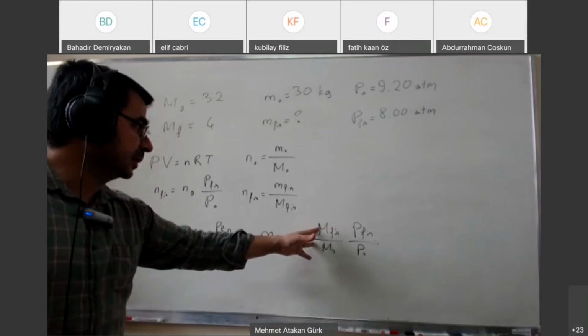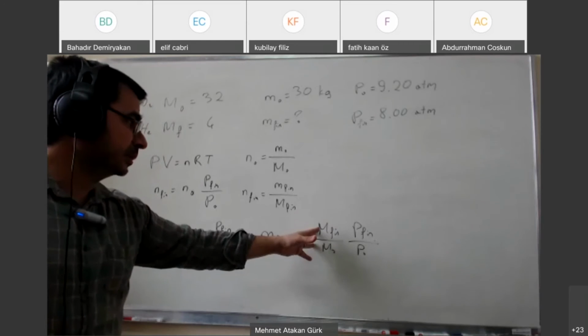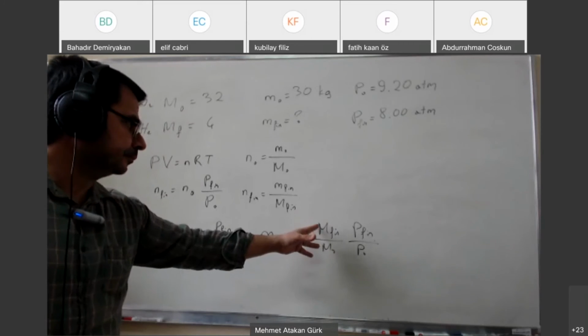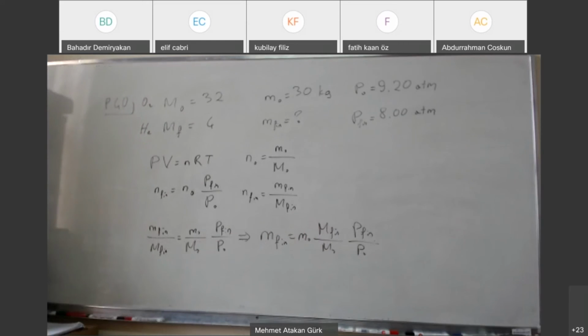And the same thing here, right? It's proportional to the molecular weight of our final gas. The important thing that provides pressure is not the individual properties of the molecules, but the number of molecules.